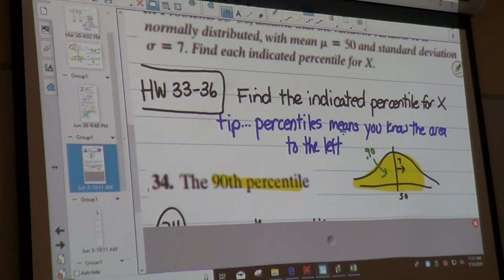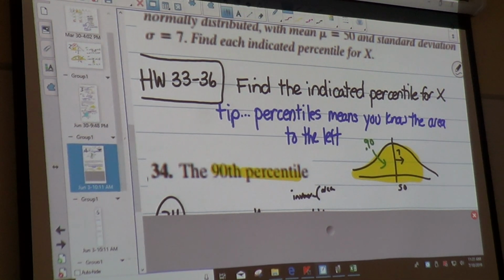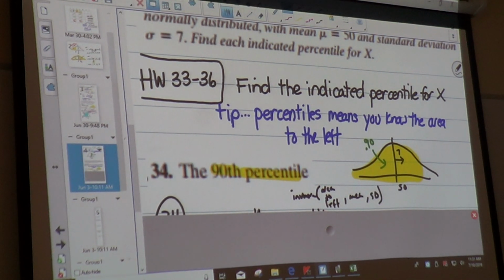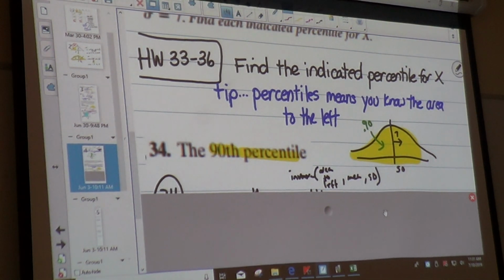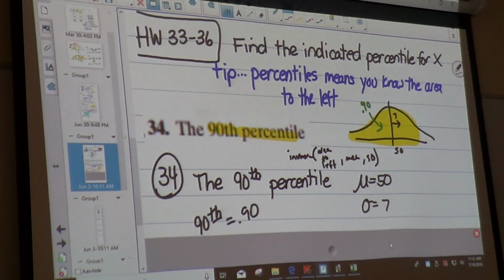So when you're doing inverse norm, it's always the area to the left, comma, the mean, comma, the standard deviation. So what is my area to the left? 0.9. My mean is 50, and my standard deviation is 7.